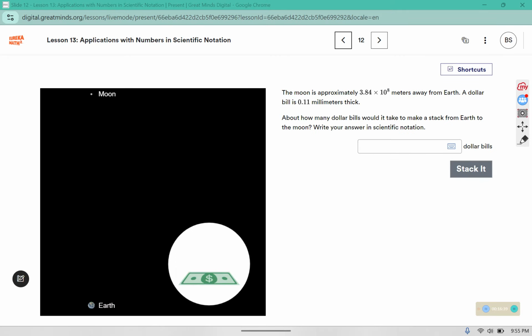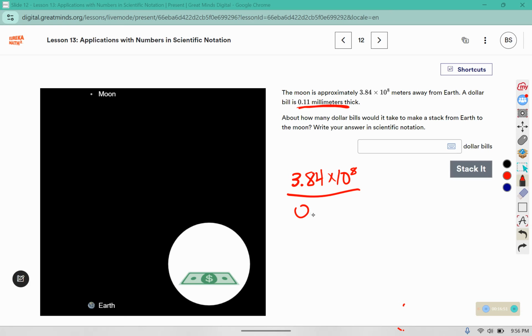Here it says the moon is approximately 3.84 times 10 to the 8th meters away. And we discussed that this is the same as 0.11 times 10 to the negative third meters, because we converted from millimeters to meters, so they match. Then we're going to divide these two and subtract these. 8 minus negative 3 becomes 8 plus a positive 3, so 10 to the 11th power.